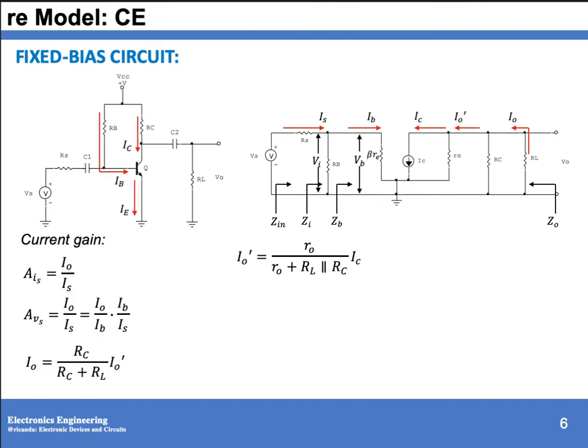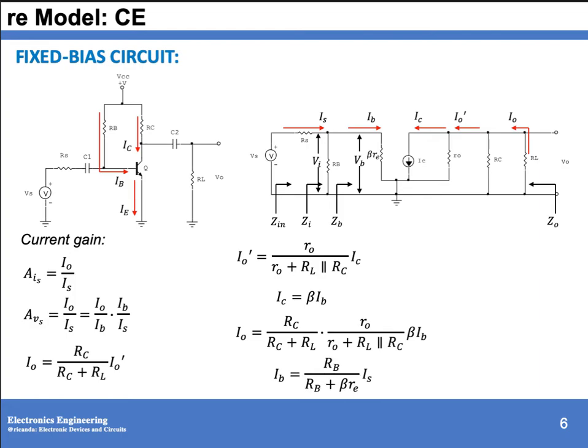And since Ic is equal to beta Ib, we have this equation for our Io. It is Rc all over Rc plus RL times ro all over ro plus RL in parallel with Rc times beta Ib. Then we have to get the equation of your Ib, which is equal to the opposite resistance, which is RB, over RB plus your impedance at the base, which is beta re, then times Is.